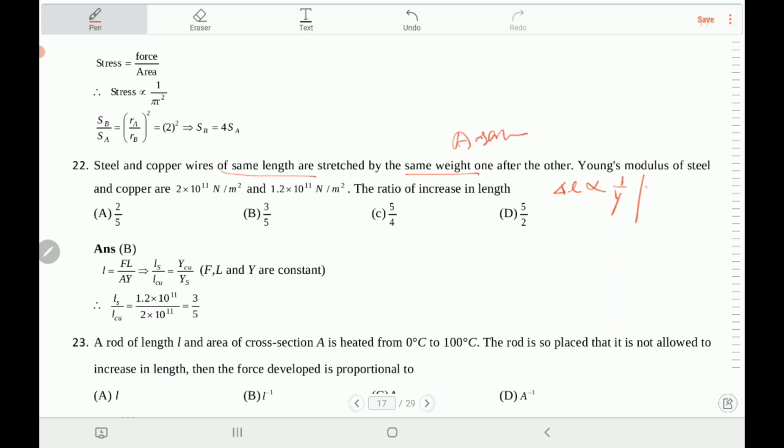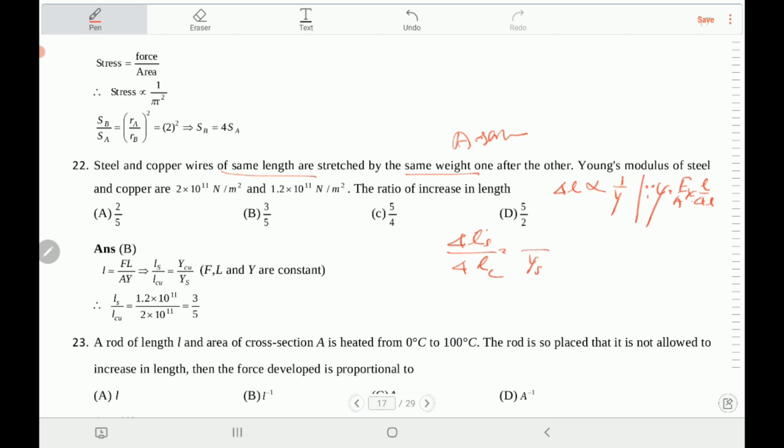How? Because Young's modulus is F divided by A into L by delta L, so Y is inversely proportional to delta L. So increase in length corresponding to steel to that of copper is equal to the inverse ratio of Young's modulus.